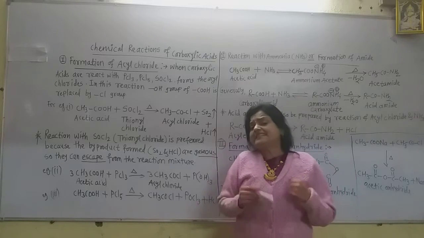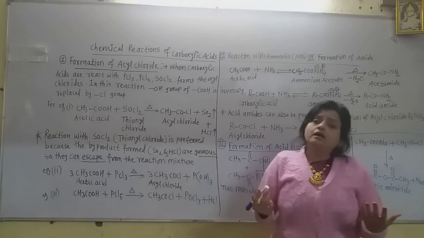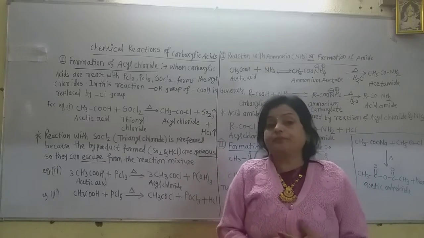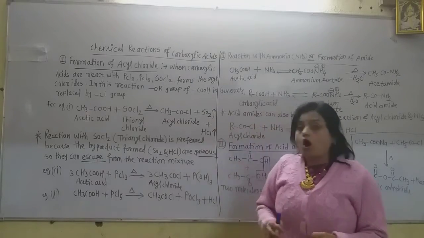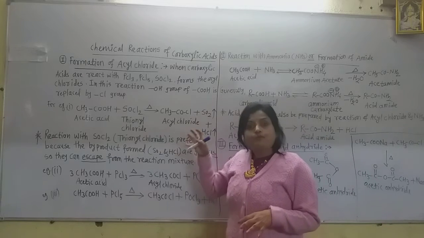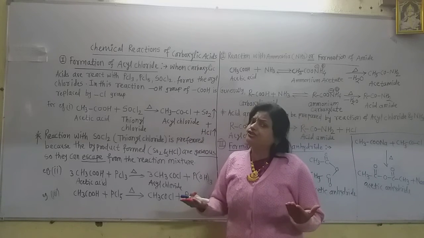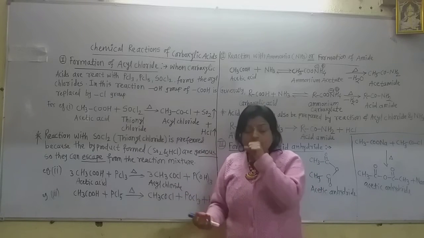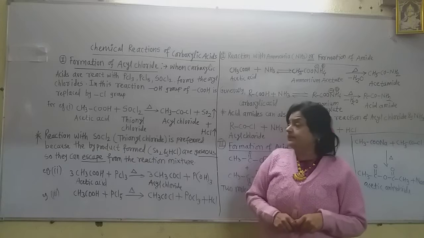Both are gases, so they easily escape into the atmosphere, and we obtain only the product. That means there is no separation of different products and no wastage of energy.